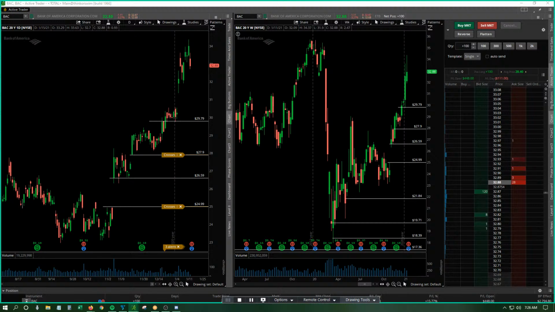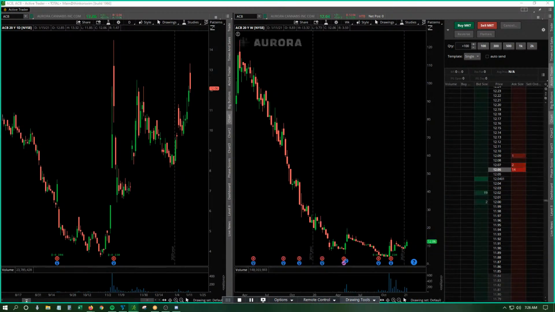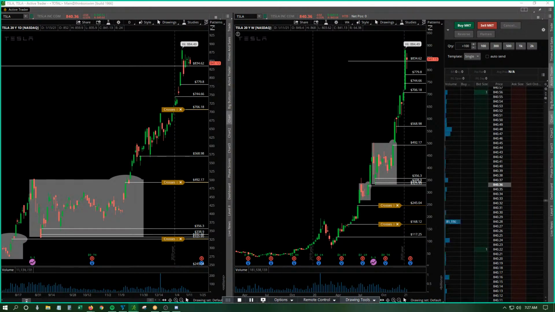Banks pulling back now. Cannabis still up, but pulled back. Tesla's pulling back now too.